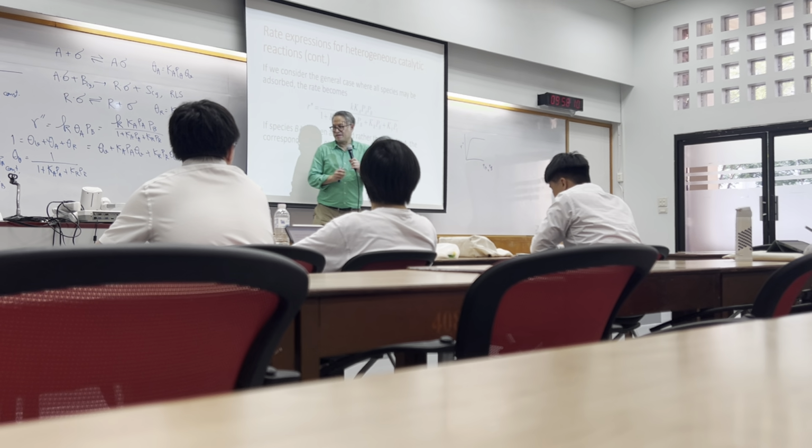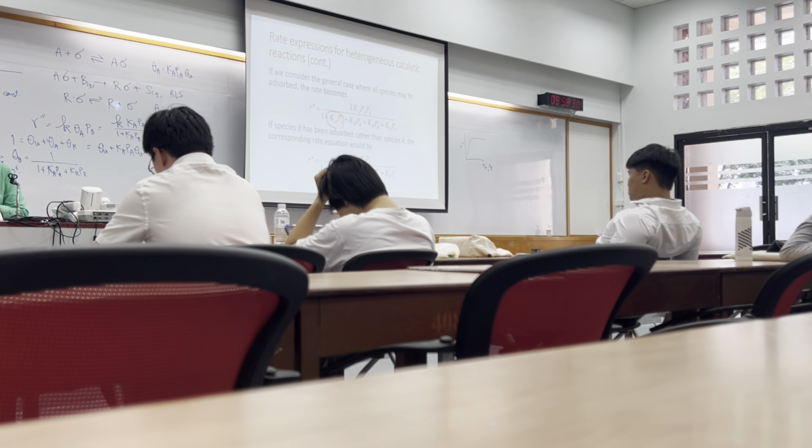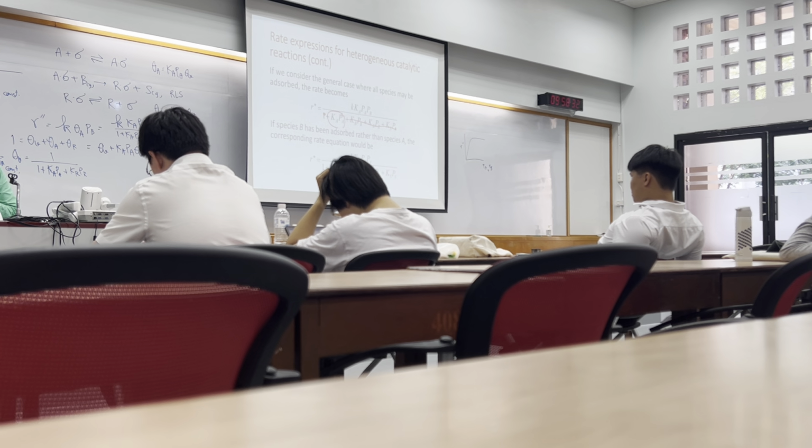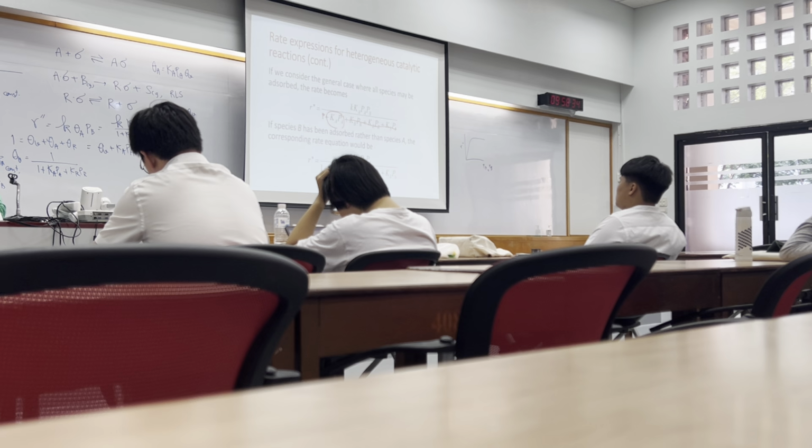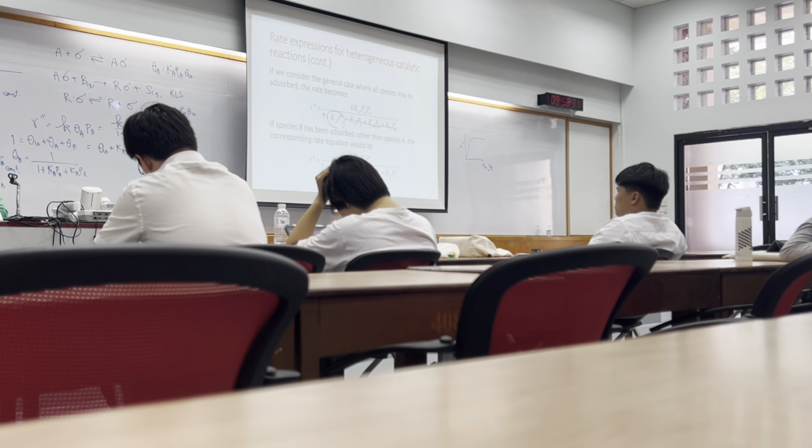If this term dominates, we neglect the rest, and the rate is K times PB. So the surface is almost all A, and the reaction is first order with respect to B, and there's no A left.